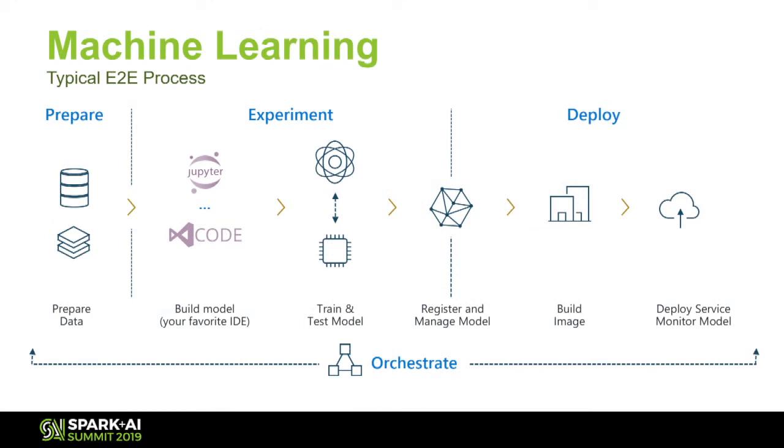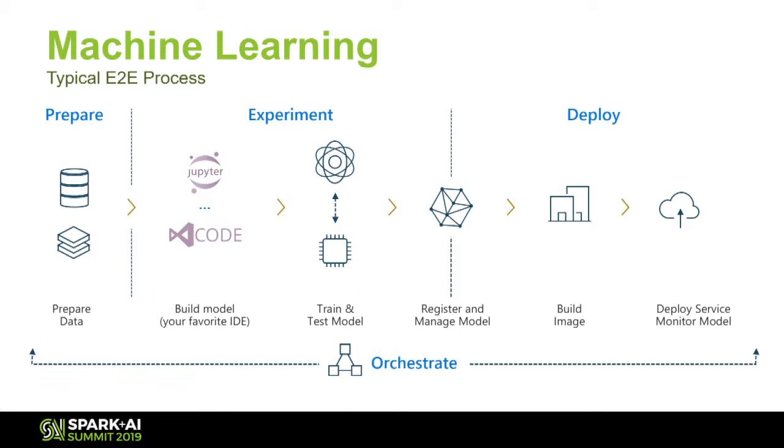Then we switch gear a bit and look at a typical machine learning process, and you'll see different versions of this at various conferences as well. But just to ground everyone to the same frame, you have a preparation stage where you do data preparation, and if it's image data, you might do some augmentation. If it's audio or video data, you might also do some preparation. Then you have a platform for experimentation.